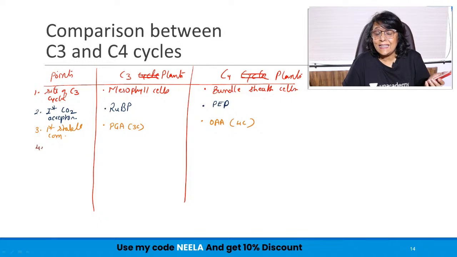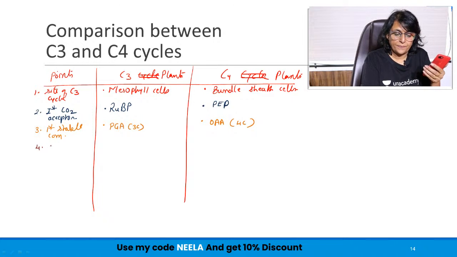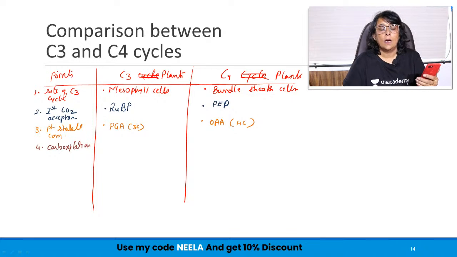The 4th point: how many times is carboxylation taking place? About carboxylation, in C3 cycle, how many times does carboxylation take place and where?